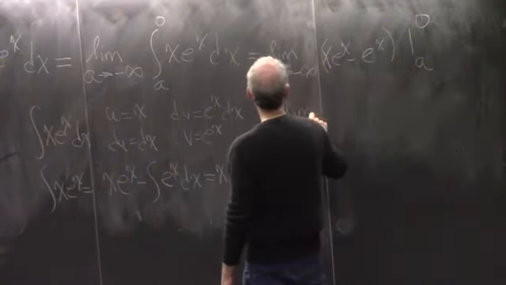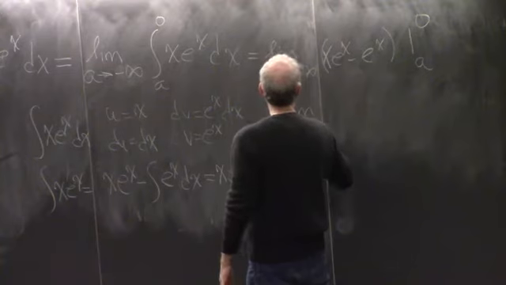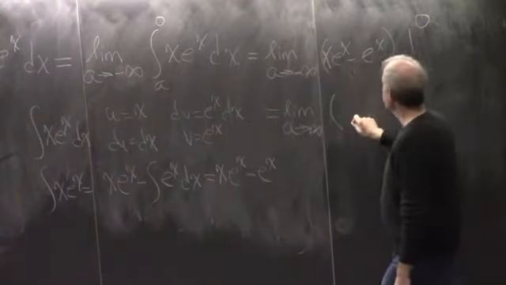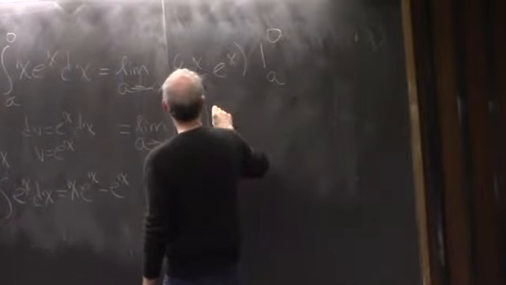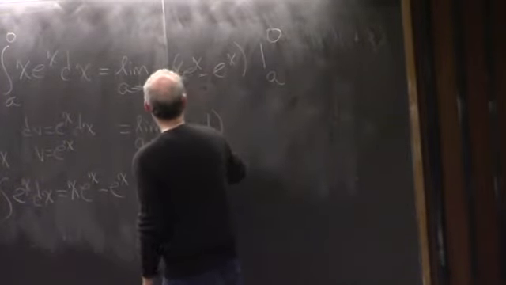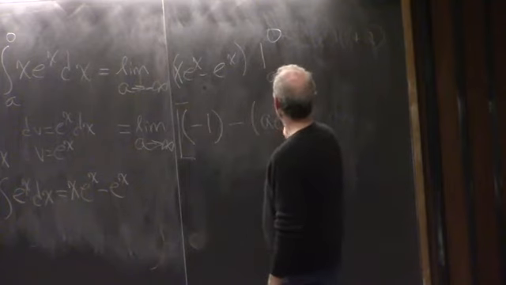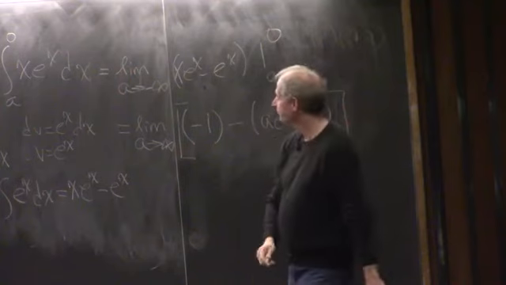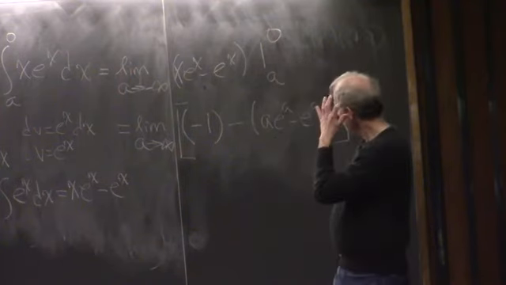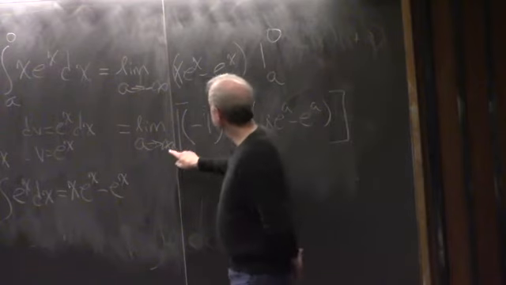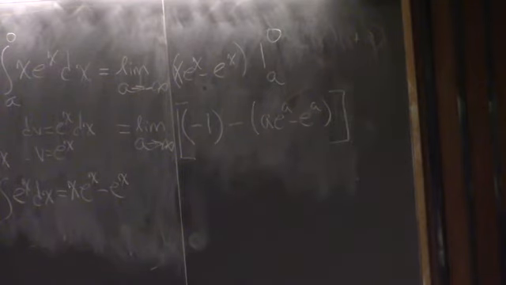So the limit as a goes to negative infinity of 0 minus e to the 0, minus a e to the a minus e to the a. That's to minus infinity, not plus infinity. All right.